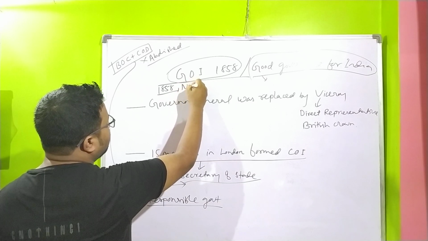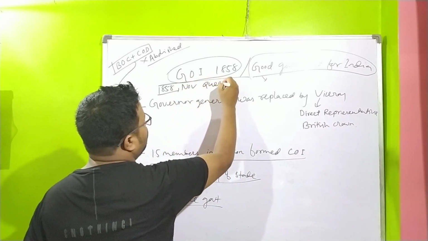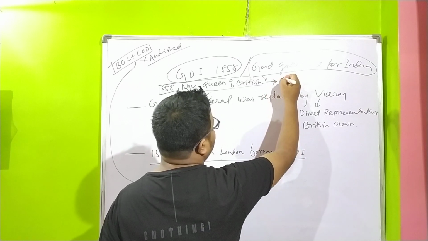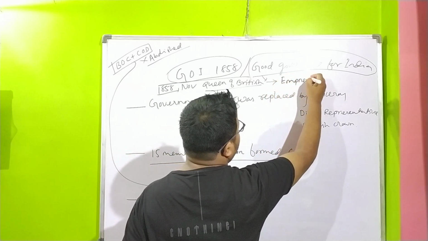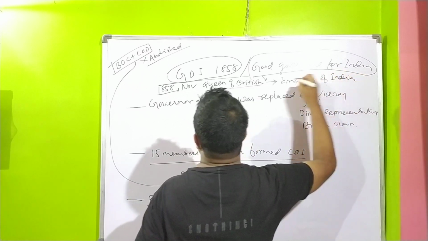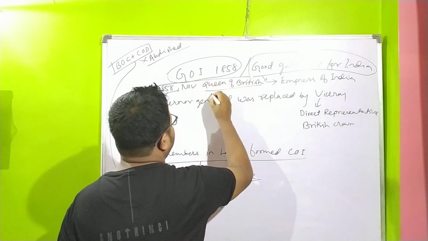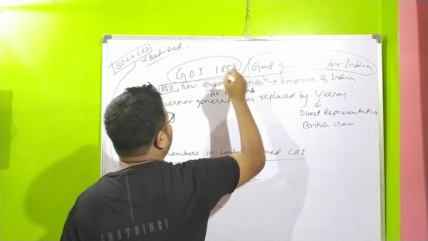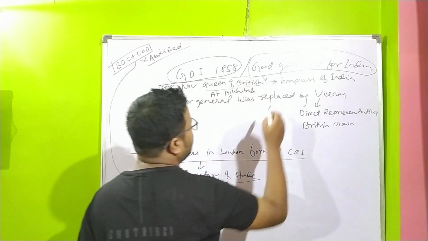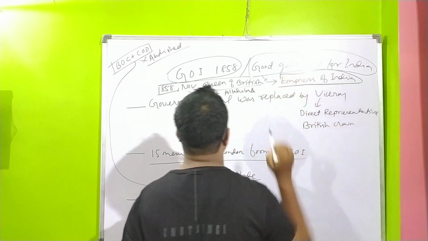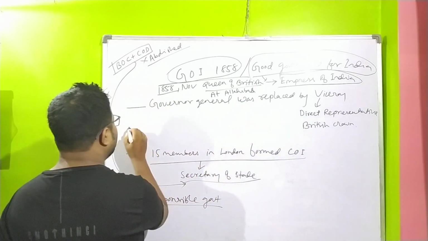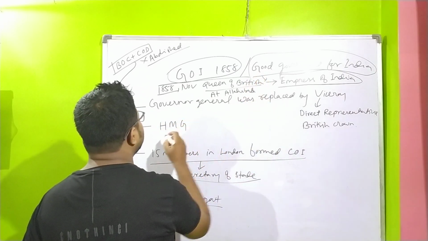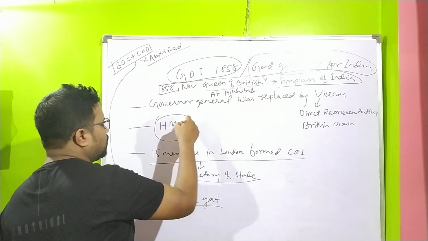In 1858, in the month of November, at Allahabad, the Queen of Britain proclaimed herself the Empress of India, and her government in India was said to be Her Majesty's government.